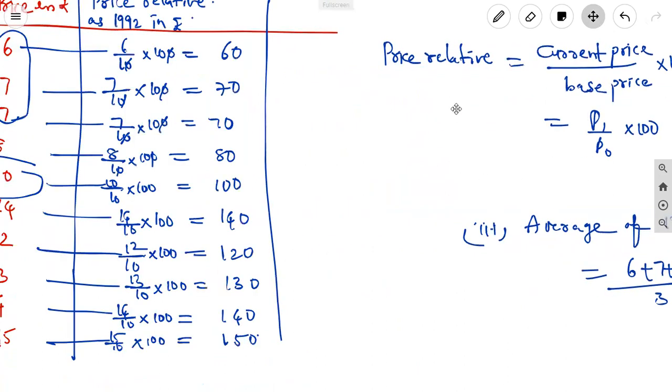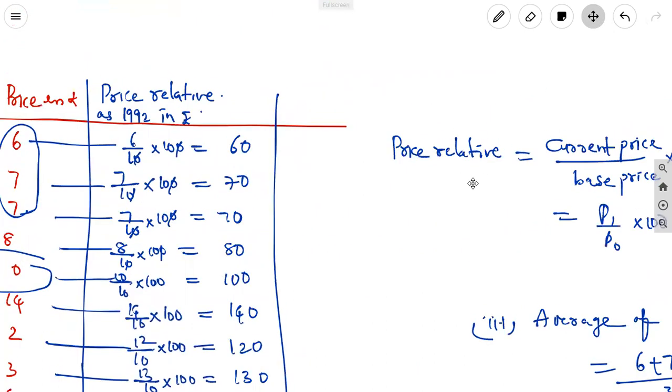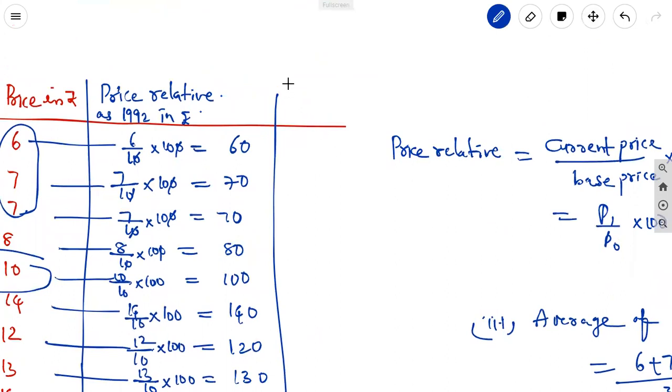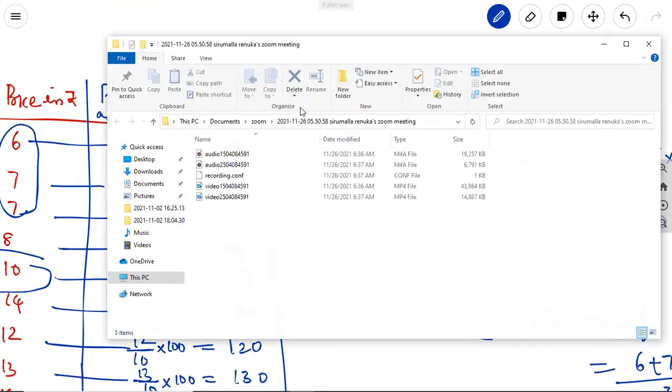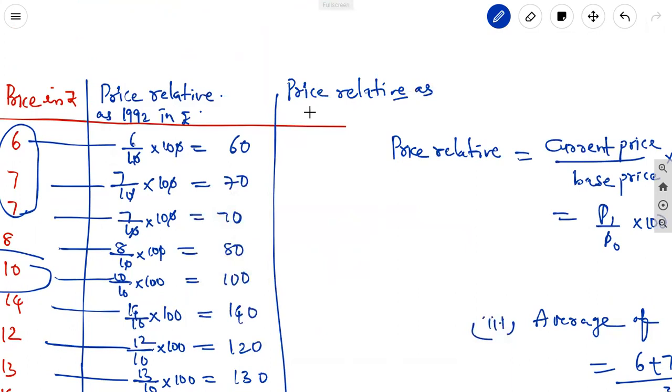Next, we can find out the second one, that is the price relative, taking as base 1988, 1989, and 1990.